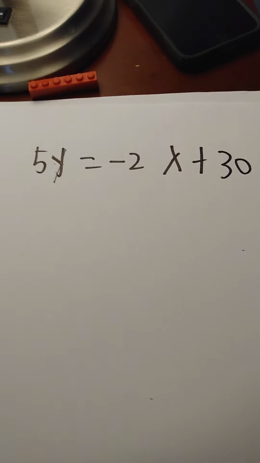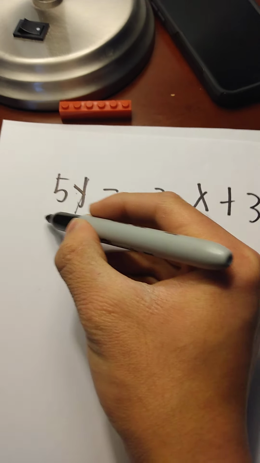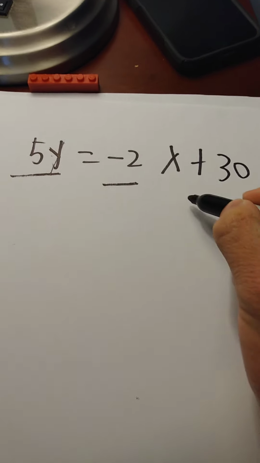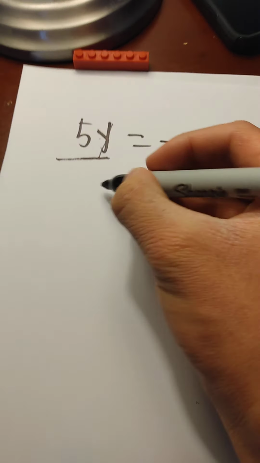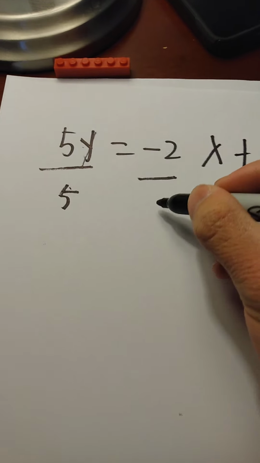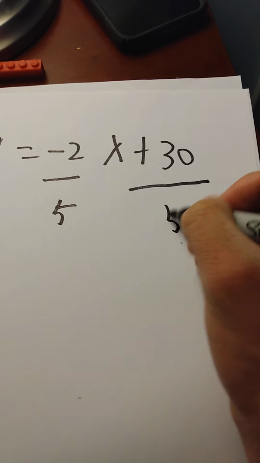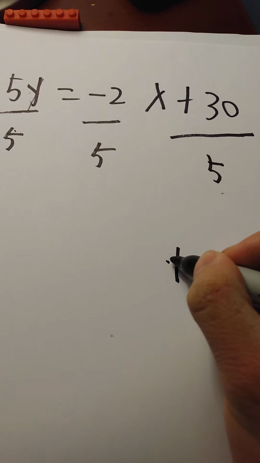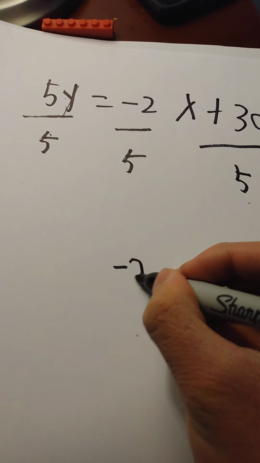So, to get that y socially distanced from all the other numbers, we have to divide every number by 5. We divide this by 5, divide that by 5, and divide that by 5, and we would get an equation that would look like this.